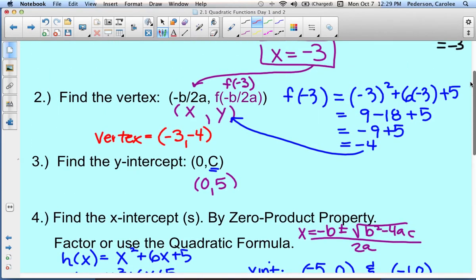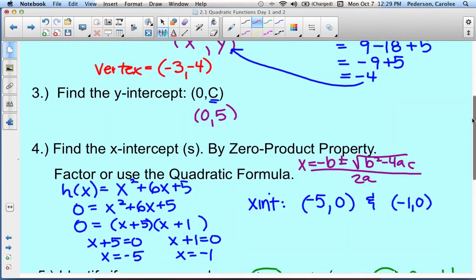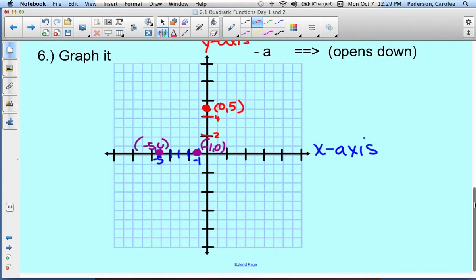The next thing we found was the vertex. The vertex was in the red, -3, -4. So here's -3, here's -4. We create a point, -3, -4, that's my vertex.